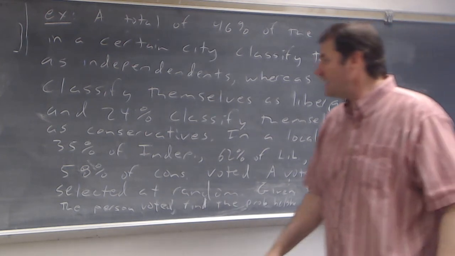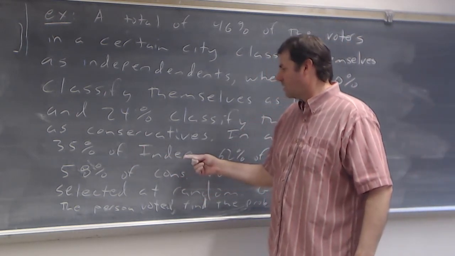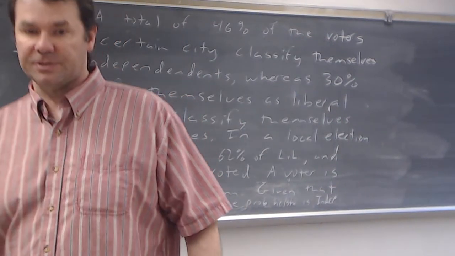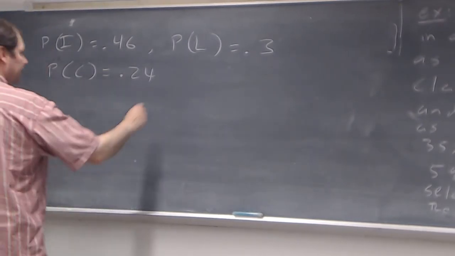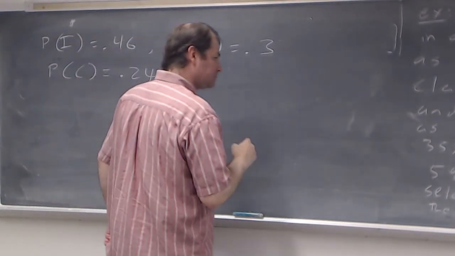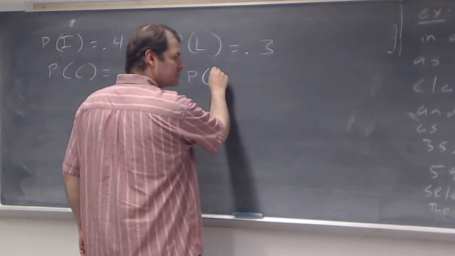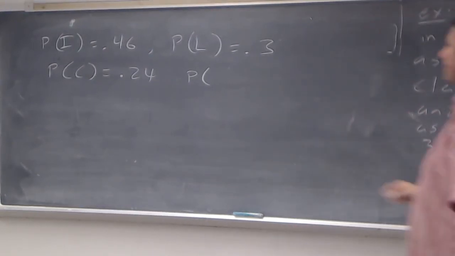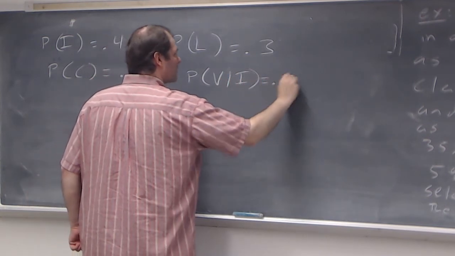You'll remember that phrase, 35% of A is B. That translates into a conditional probability. What we're being told here is that given that they were independent, the chance they voted was 0.35.